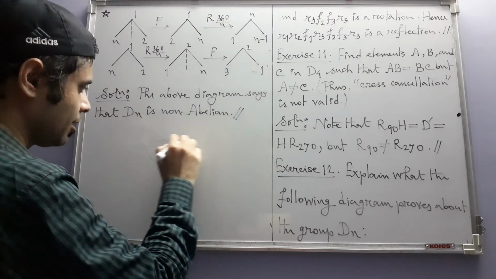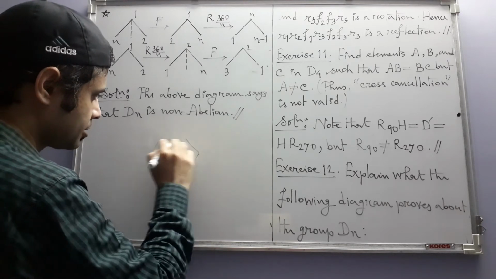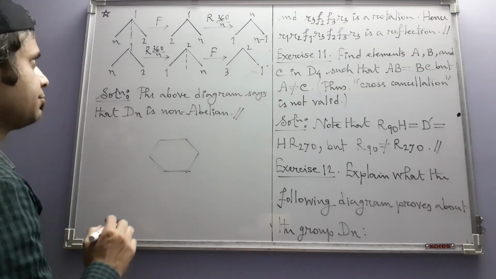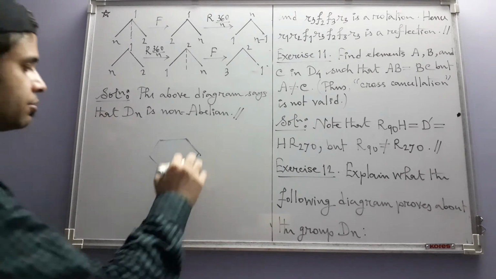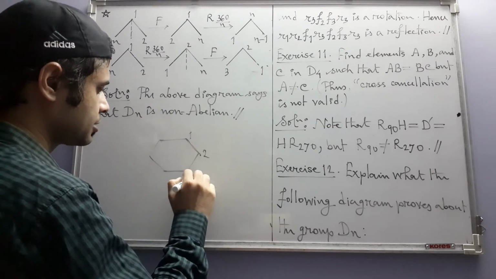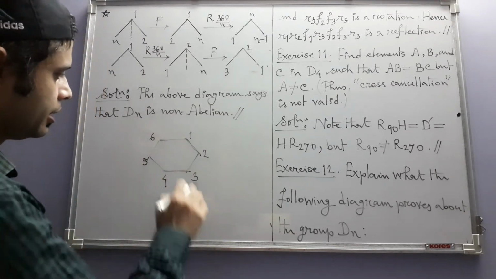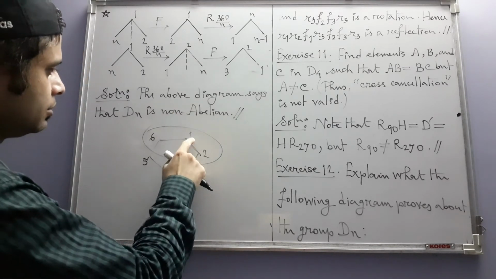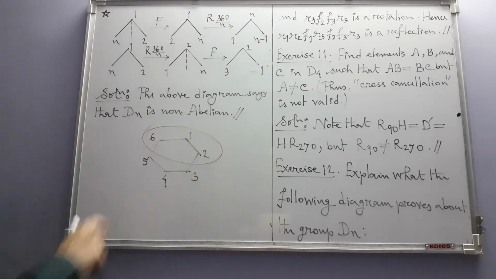For example, if you consider a regular hexagon, then you have, for example, these 2 edges. If you are naming the hexagon like this, then you have this portion, say, where these vertices are 1 and 2 and this is your n, 6.